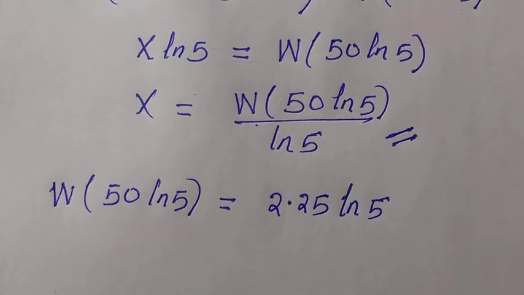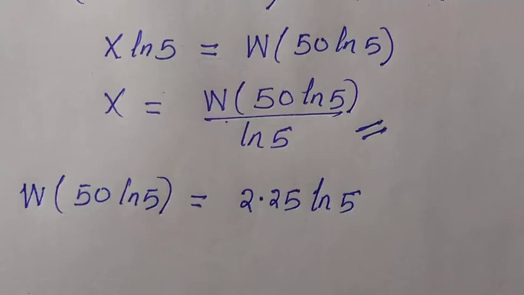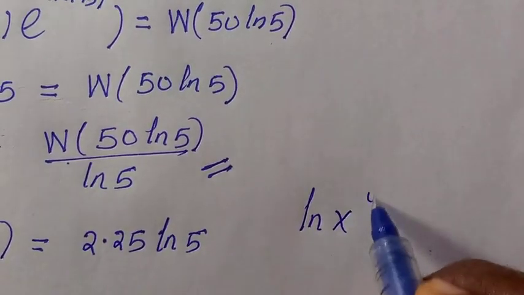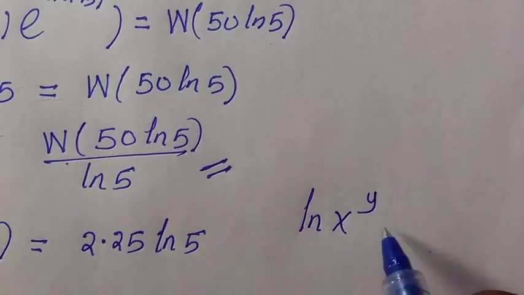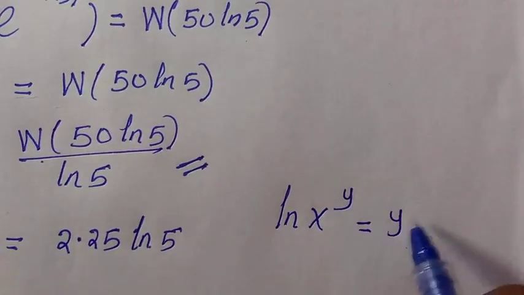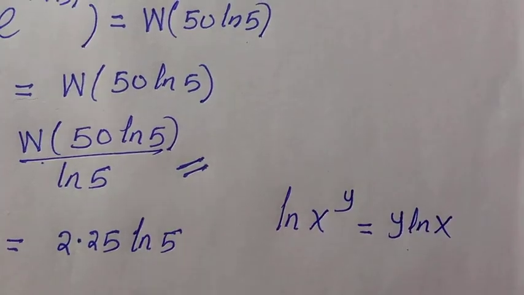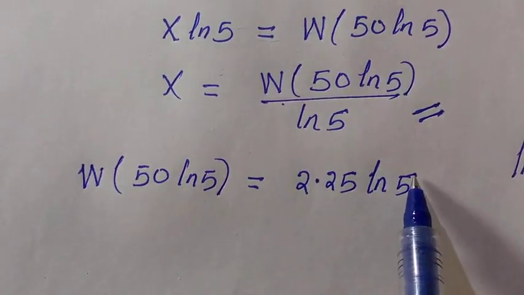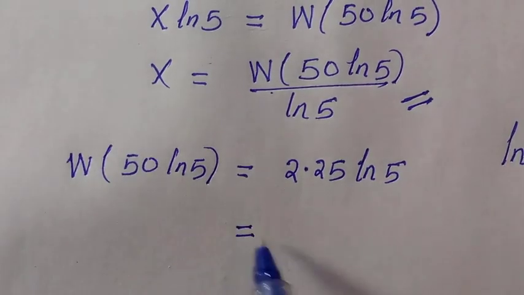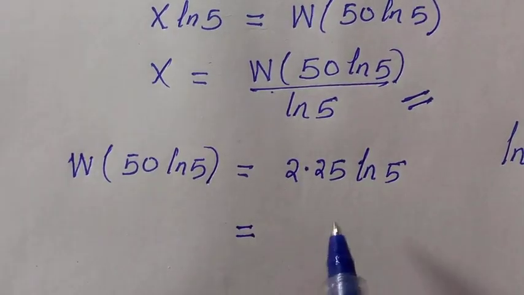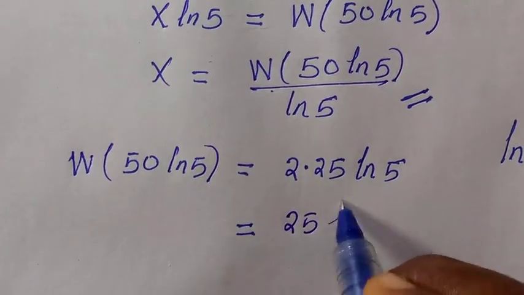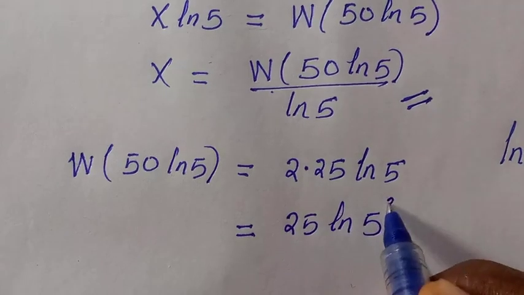From the properties of logarithms, let's say we have ln of x to the power of y, we have this as y ln x. Which means that the 2 we have here, we can take it to the power of this, and we are going to have this as 25 ln 5 to the power of 2.